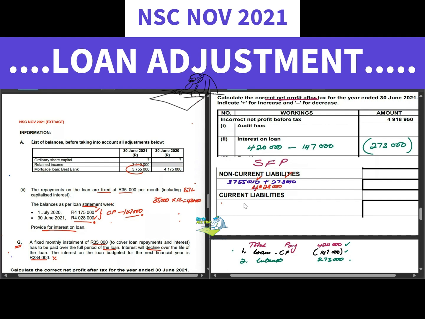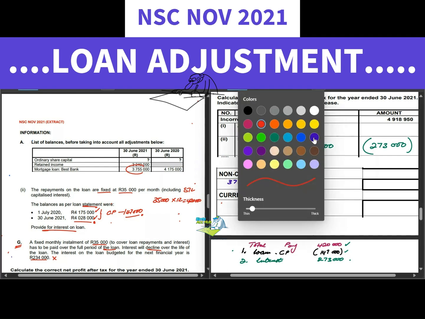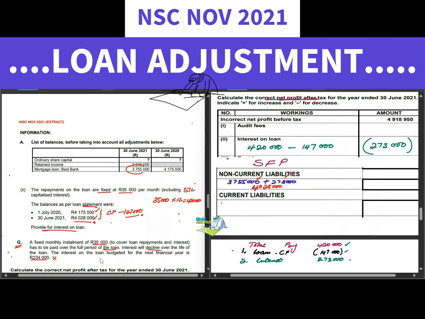Now, the important aspect is the short-term loan. Of the total payments that we're going to be making next year, how much are we going to be making? We are still going to make payments of 420,000. It's fixed.